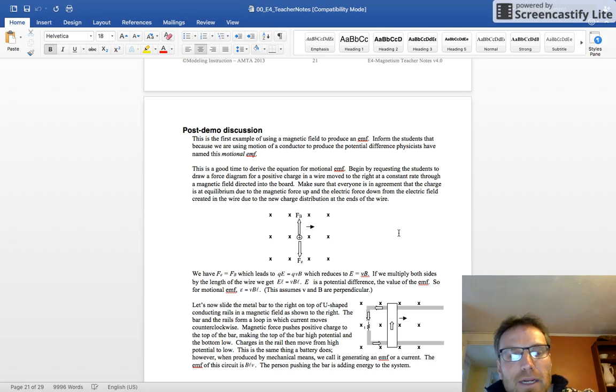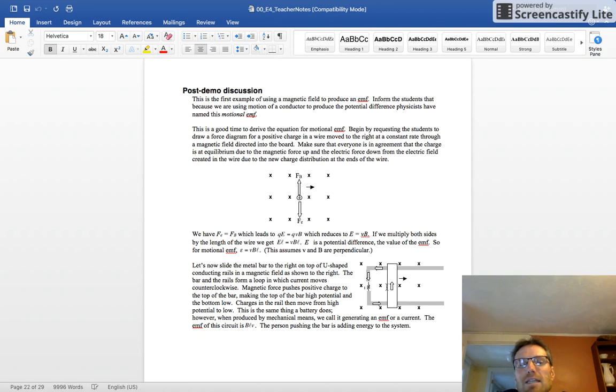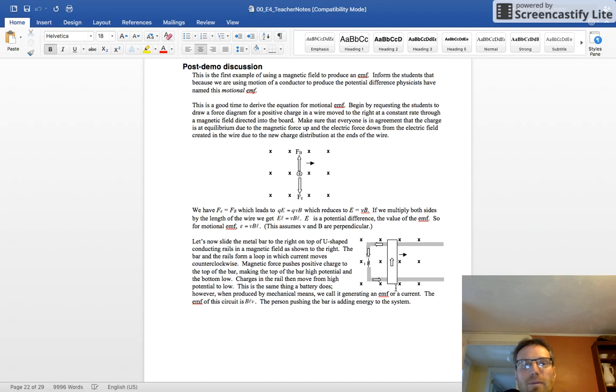Pretty complex, but it got at the same explanations of diagrams and such that were used in the teacher notes. And so, for example, here, this took me a while to realize why in the world the electric force would be equal to the magnetic force.